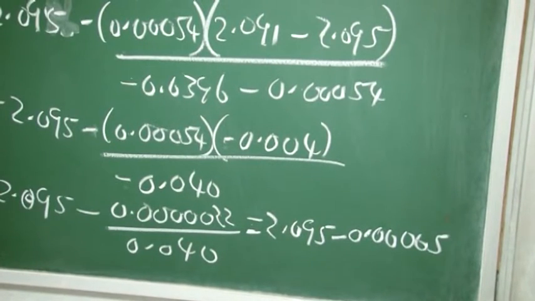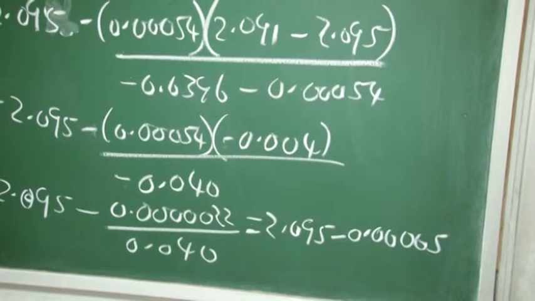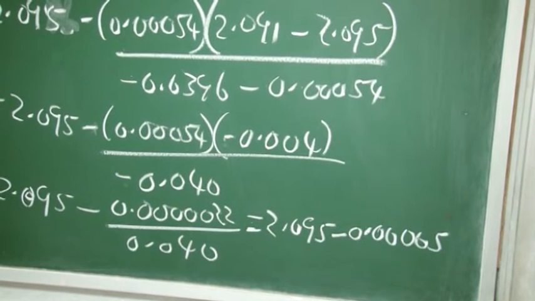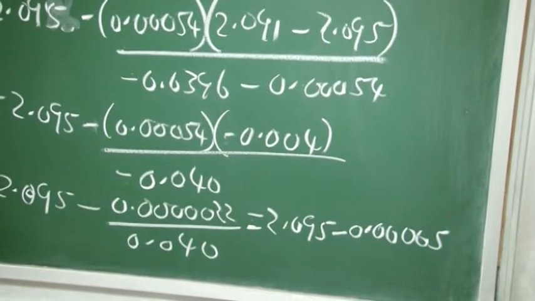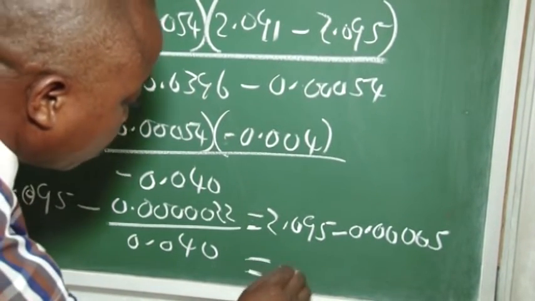Now, if we compute that, 2.095 minus 0.00005 gives us 2.095.